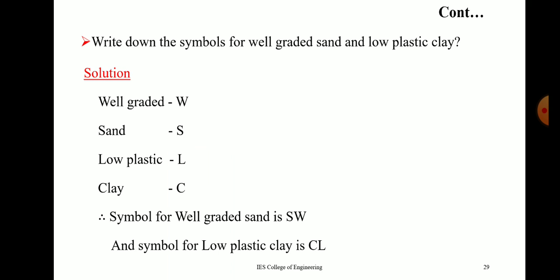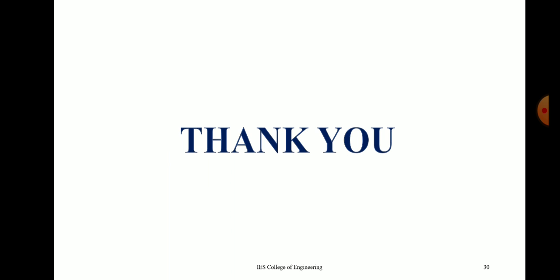We know that the symbol for low plastic is L and clay is C. Here C is the prefix and L is the suffix. Therefore, the symbol for low plastic clay is CL. Thank you.